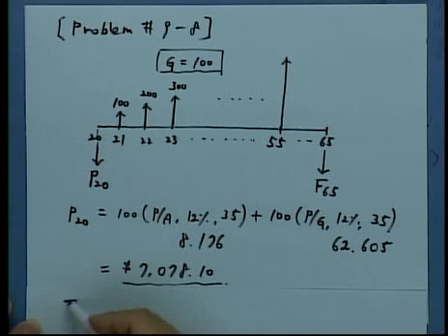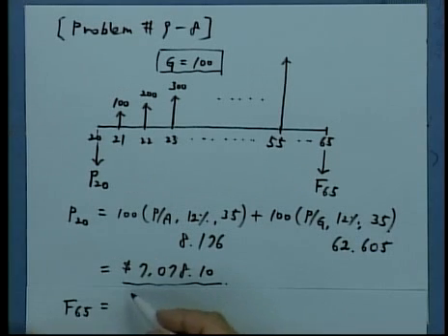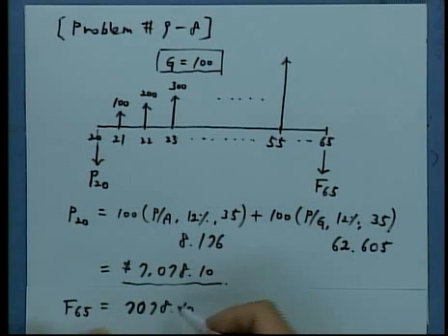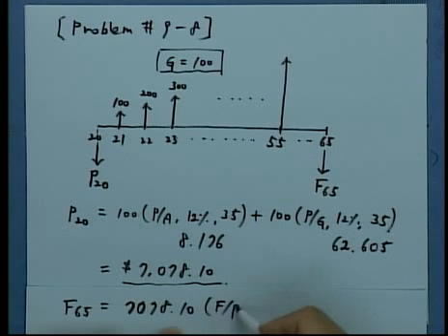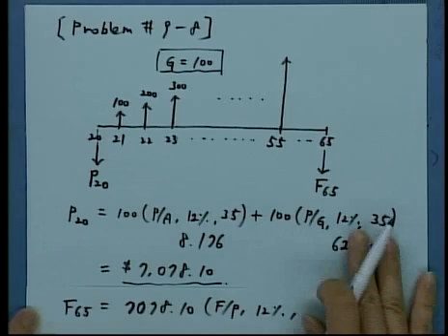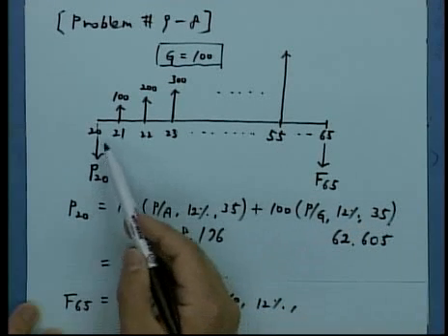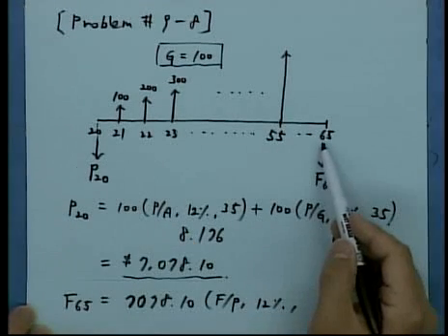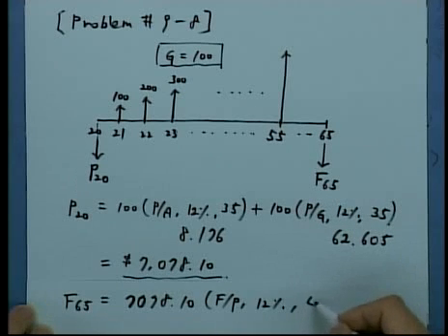So how would you get F of 65? It's going to be $7,078.10 times F given P, 12% over how many periods? From 20 to 65. So it's going to be 45 periods, okay?